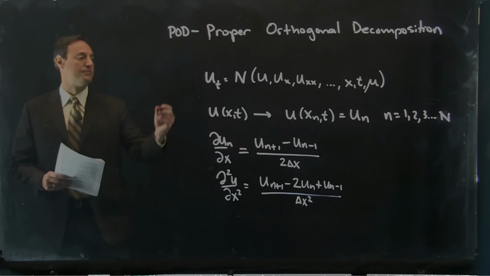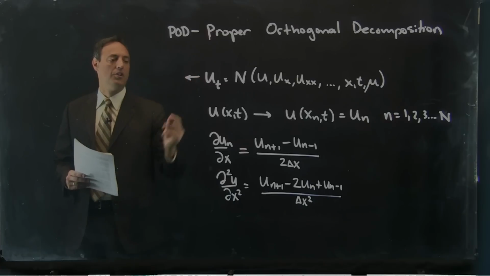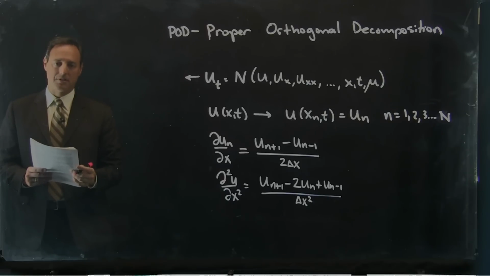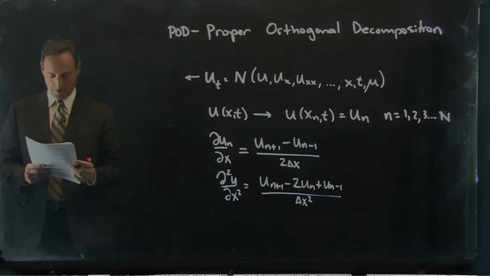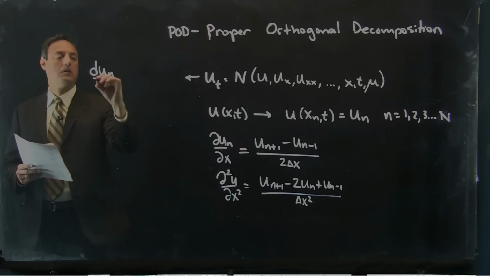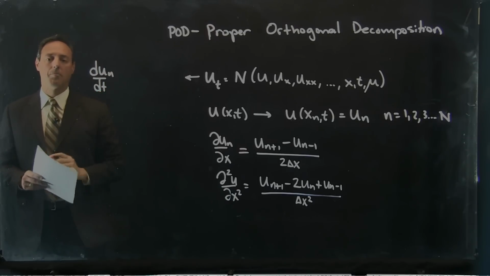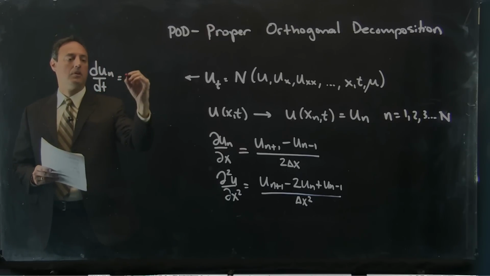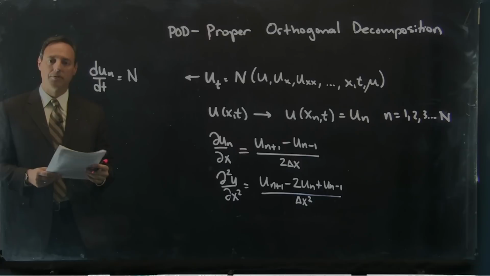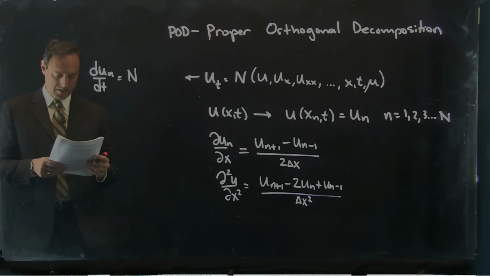And in fact, this partial differential equation now becomes a large system of differential equations. So what you find now is that it's no longer a partial derivative. It is a direct derivative of this thing.